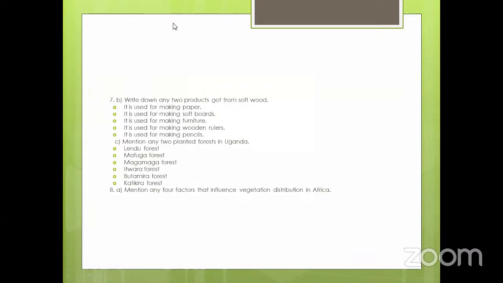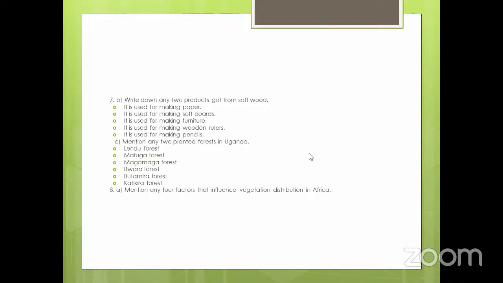Mention any 4 factors that influence vegetation distribution in Africa. What do you think are the factors that influence vegetation growth in Africa? Soils, rainfall, reliable rainfall, fertile soils, good climate.